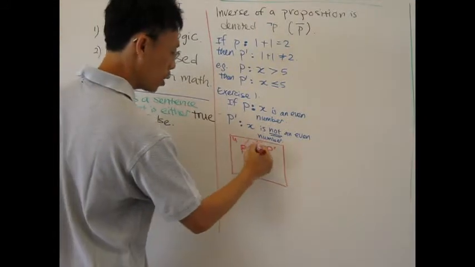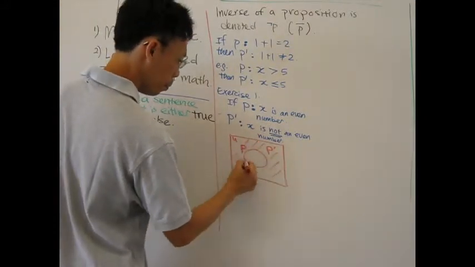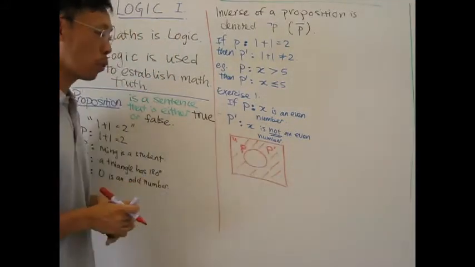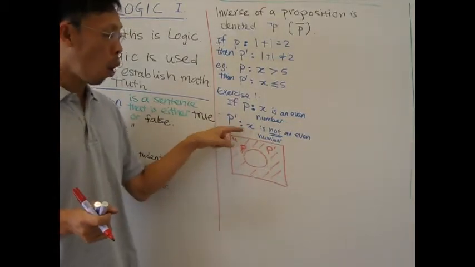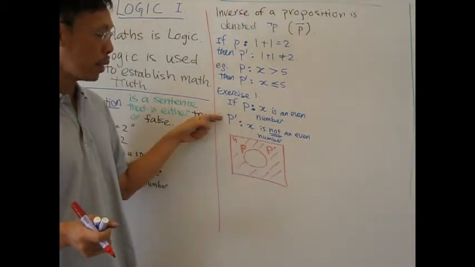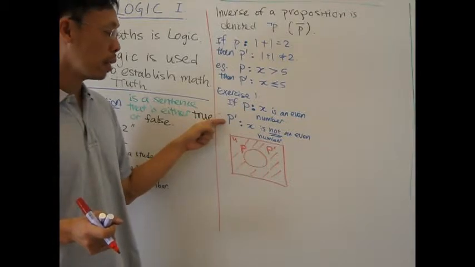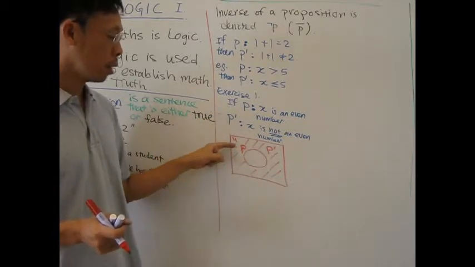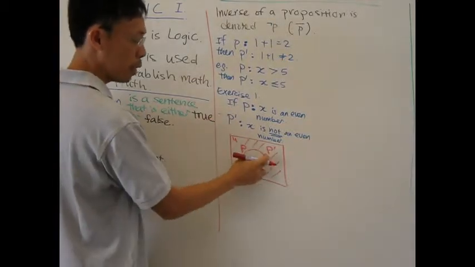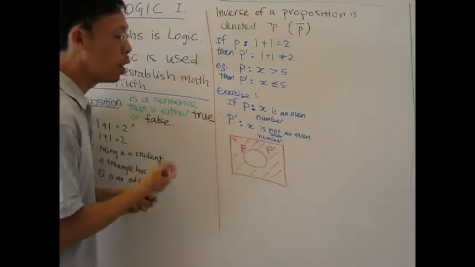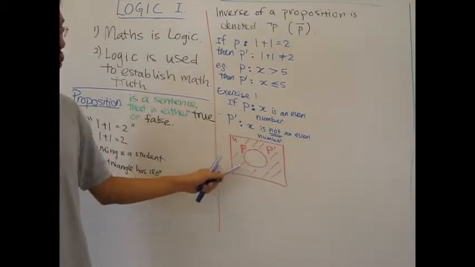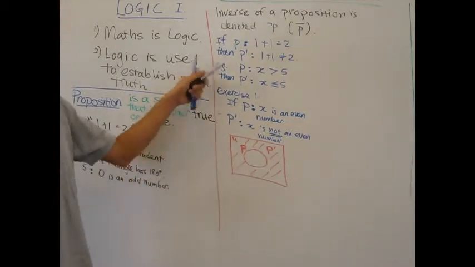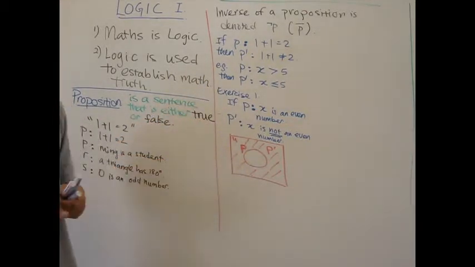P dash is the inverse. P dash consists of all the elements, all the x's, that make this statement P dash correct. This is small p, this is capital P. So this is to link logic with sets.